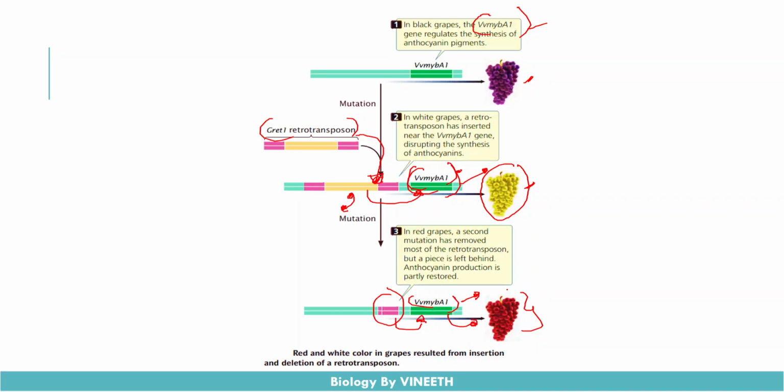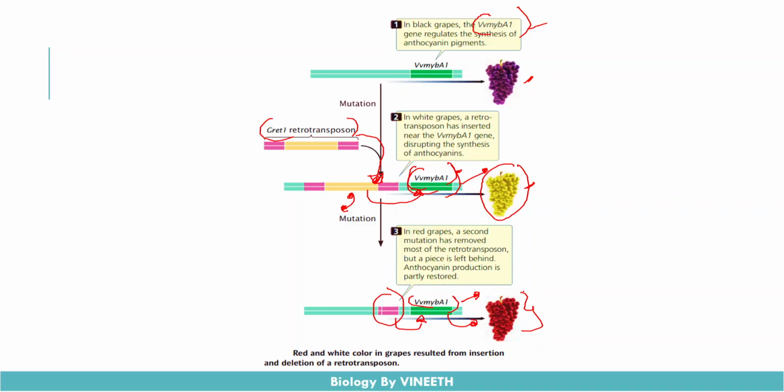Since the VvMYBA1 gene produces one kind of protein when it is in the wild form, when a transposon is present behind this gene region, it will cause low production of anthocyanin, or disrupt anthocyanin synthesis, which results in yellow or white color grapes.